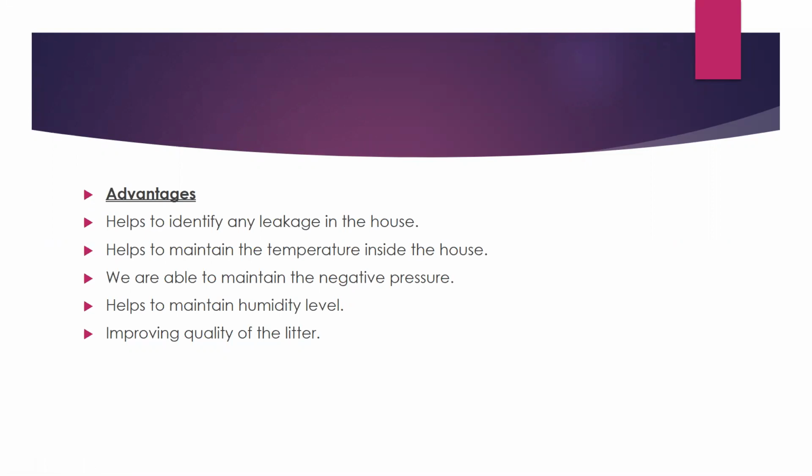If there are any leakages in the house, the smoke will be seen coming out through those leakages. So we will be able to close those leaks and prevent the loss of valuable heat in cold conditions, and of the air that we have inside the house, and we will be able to maintain the negative pressure.